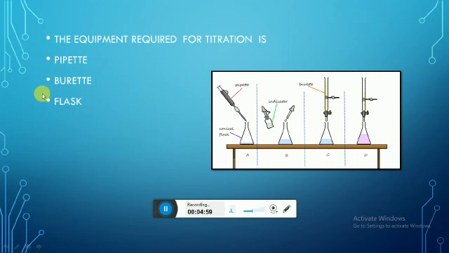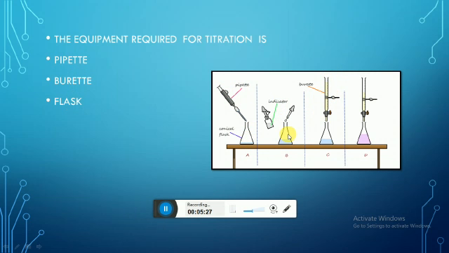Here we have the pipette. Number 2, burette. This is the burette in the third figure, which is C. And number 3, flask. This is a conical flask, shown in figures A, B, C and D as well. So these are the 3 major equipment required for titration: pipette, burette and flask.